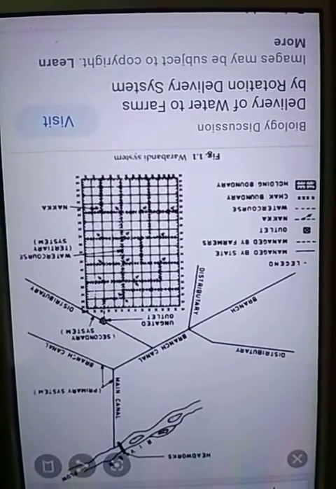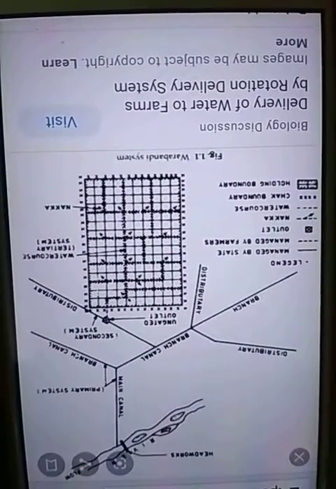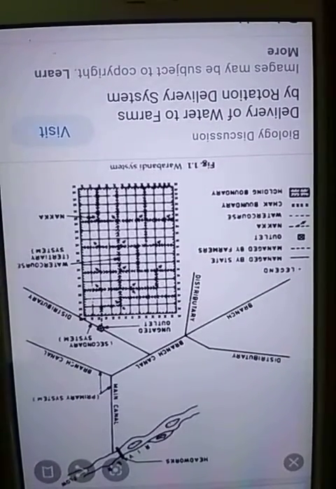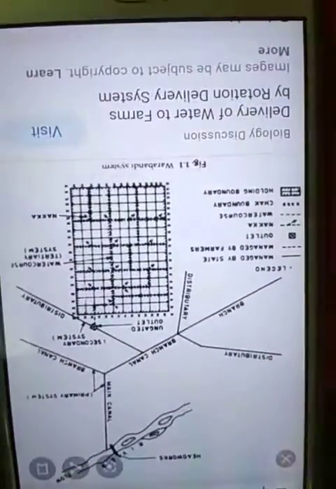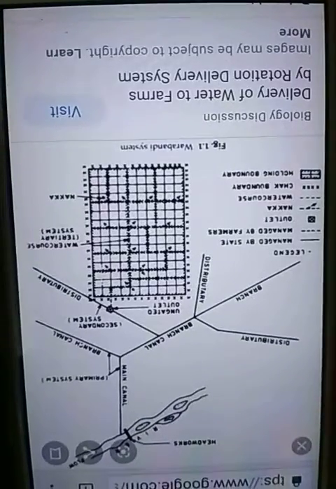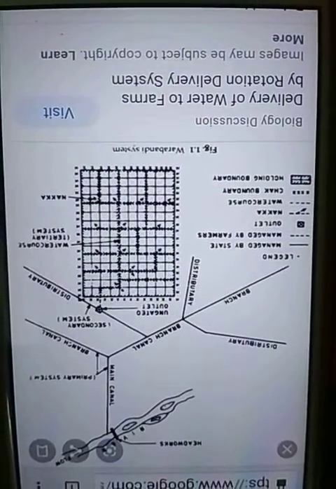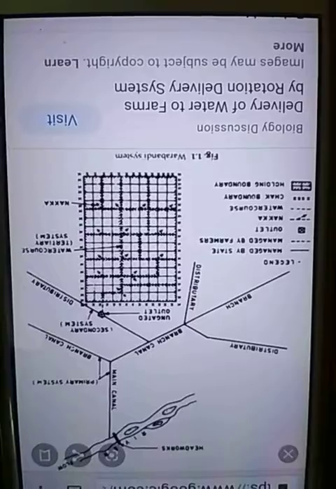It is a most effective system, and Warabandi is also taken into account in this system. In this system, the water is supplied to the cultivators of water courses turn by turn. If a cultivator has no turn, then the water is given to another cultivator.